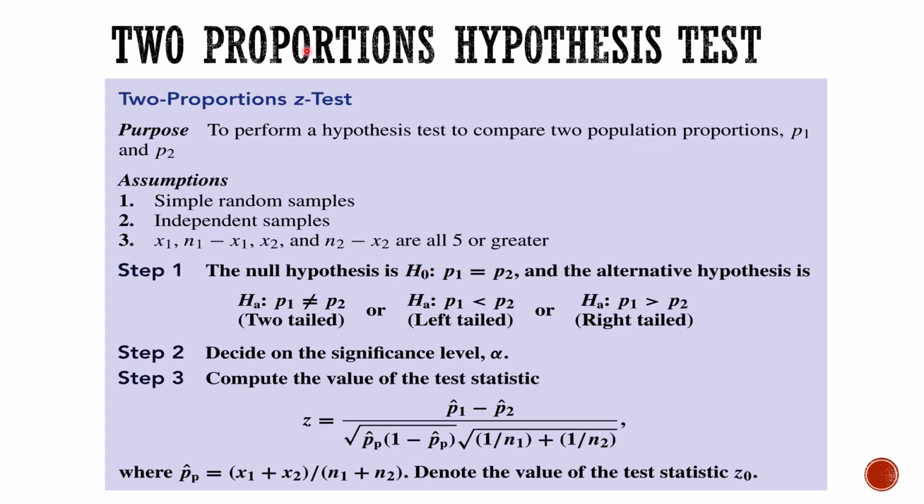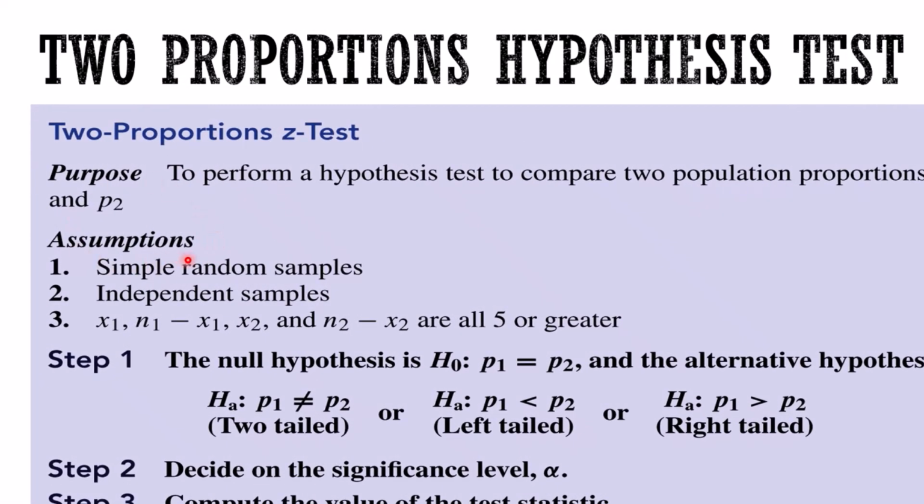All right. So here we have the assumptions. We should always make sure that all the assumptions are met. The first one is simple random sample, which ensures that the study is unbiased. Then the samples have to be independent. As I said, the samples should not be related to each other in any way.